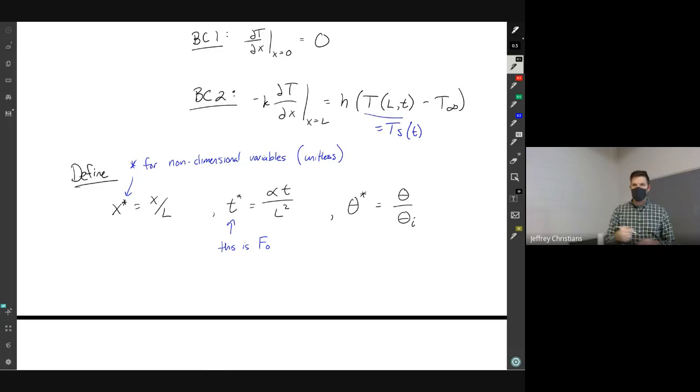But x star and theta star both go from 0 to 1, where 0 is the center for x. For theta star, 1 is the initial temperature and 0 is the final temperature. So when everything gets to be T infinity, that's 0. But it starts initially at the initial temperature, 1.